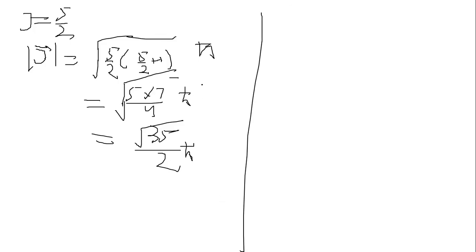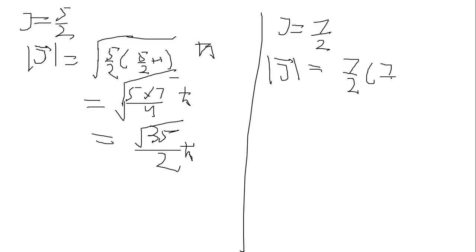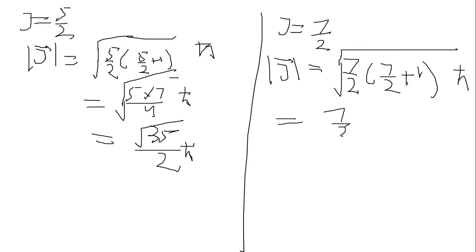Similarly, if we consider j equals to 7 by 2, the angular momentum will be root of 7 by 2 into 7 by 2 plus 1, h cross, which is 7 by 2 into 9 by 2 root, h cross.